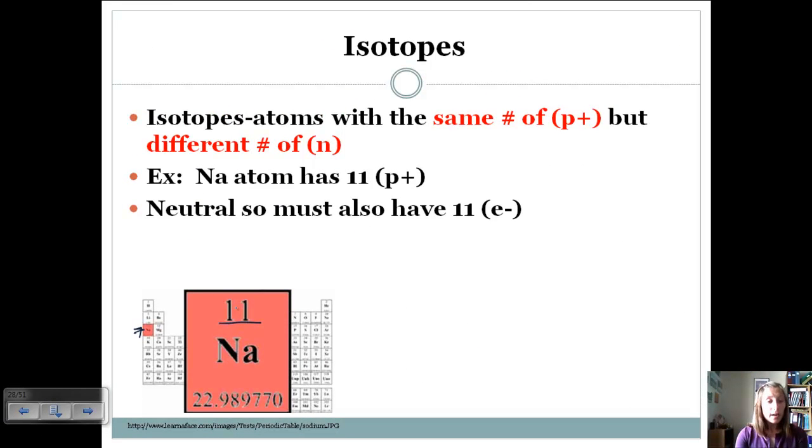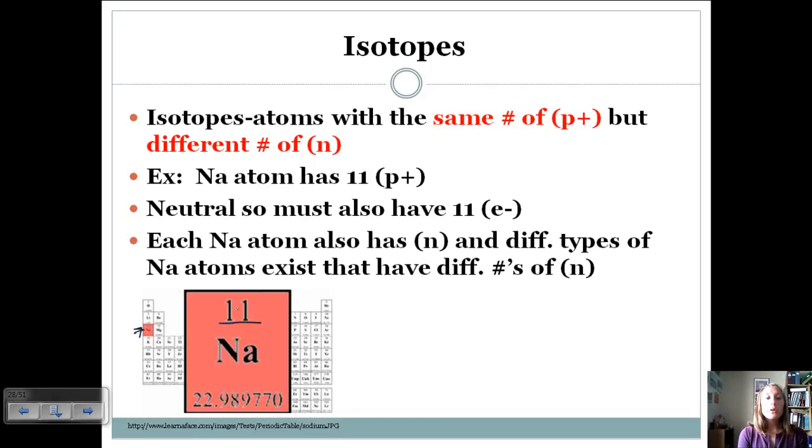Because right now we're going to assume the atoms are neutral, this means they must also have 11 electrons. So in general, the number of protons and electrons for an atom is going to be the same. So we know that each sodium atom also has to have neutrons, and different types of sodium atoms exist that have different numbers of neutrons, and those are called isotopes.